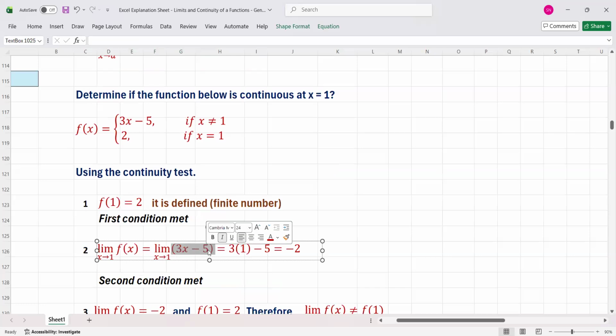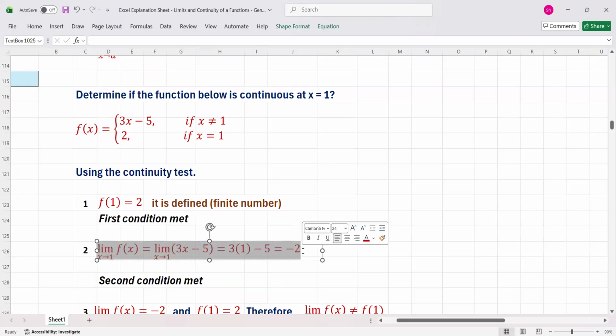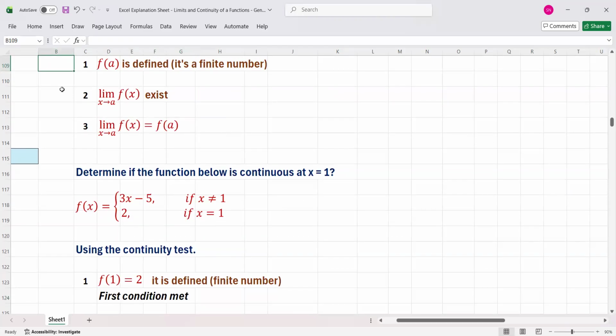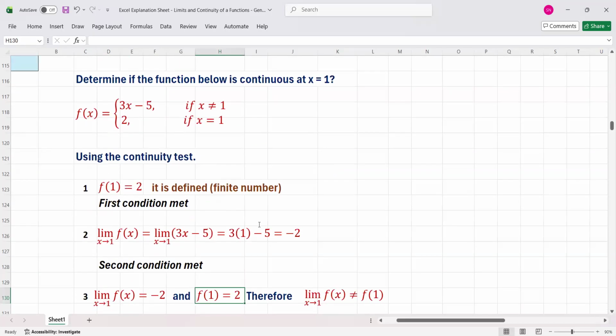That gives us 3 times 1, which is 3, minus 5, which gives minus 2. Now let's check the second condition: does the limit of f of x exist? When we evaluated 3x minus 5 at 1, we got minus 2. So the value minus 2 is a number, it exists.